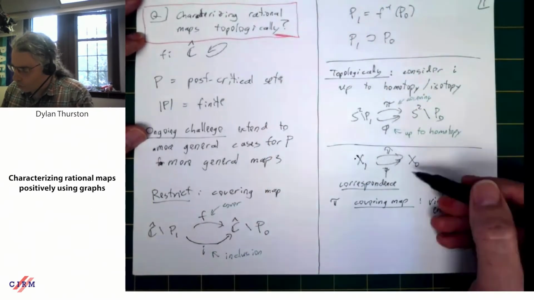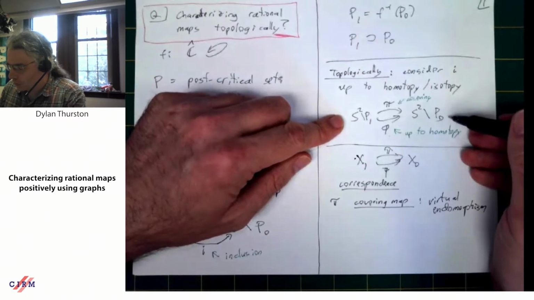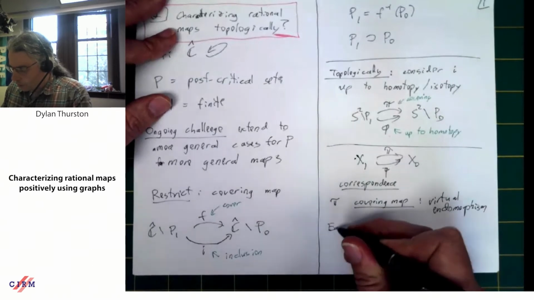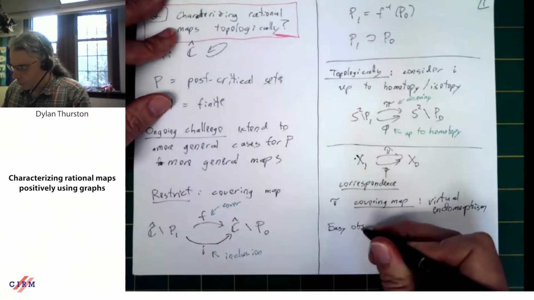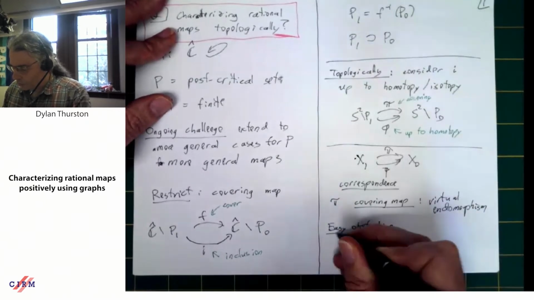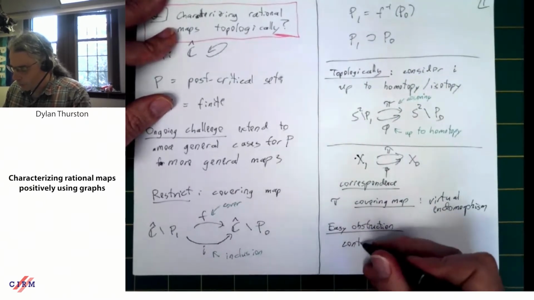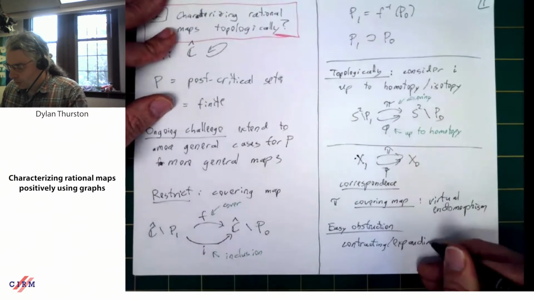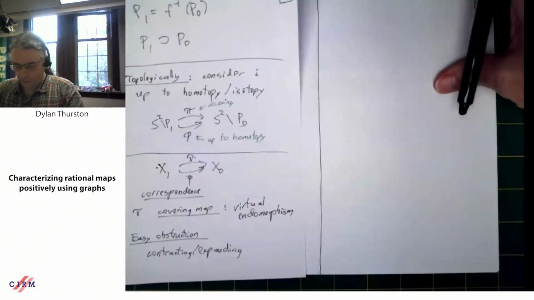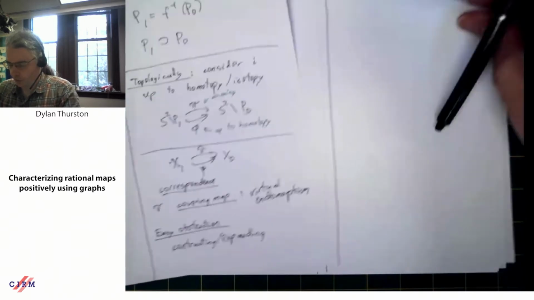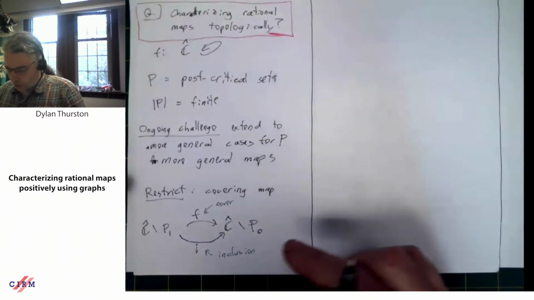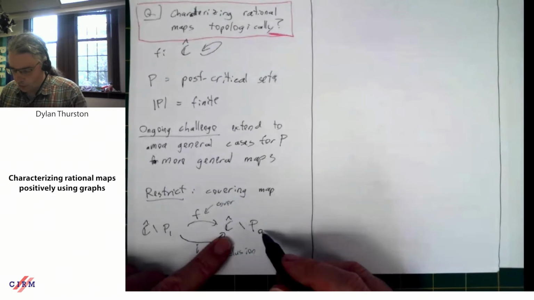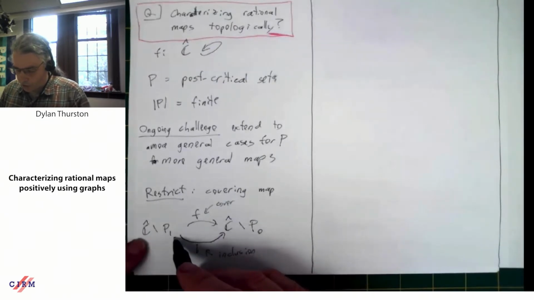Great. So how to characterize this? When given this data, these two maps between these two surfaces, when is it equivalent to something like this? There's an easy obstruction, which is contracting or expanding, depending how you think about it. If we have an actual rational map, there's a natural hyperbolic metric on here and a natural hyperbolic metric on here.